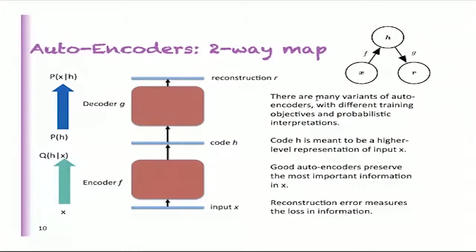But we're going to do it in two steps. In the first step, we're going to encode the input into a new representation. And in the second step, we're going to decode from that representation back to the input space. So really what we're learning is a two-way mapping from the raw input space to some intermediate representation. And of course, we could do this hierarchically, so we can then map this new representation to an even higher level representation.